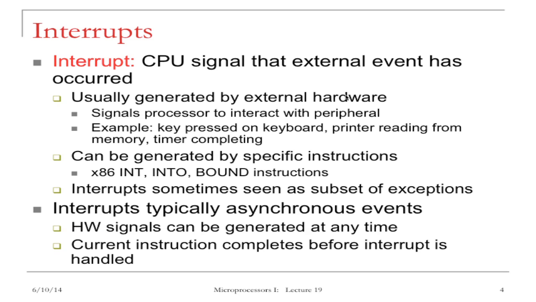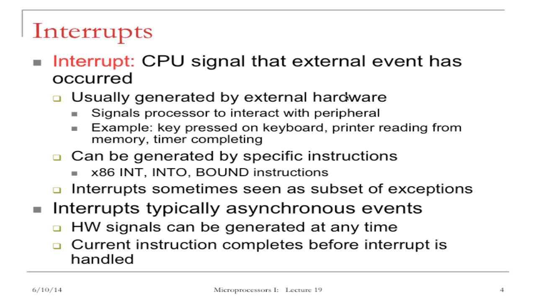The second concept is the interrupt. An interrupt is a CPU signal that an external event has occurred. Interrupt signals are often generated by external hardware to signal the processor to interact with peripheral devices.